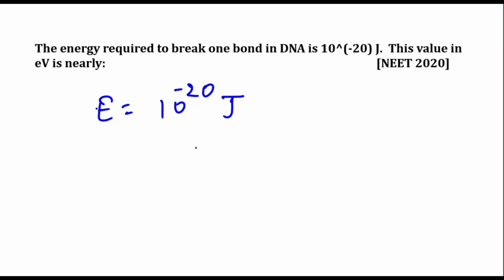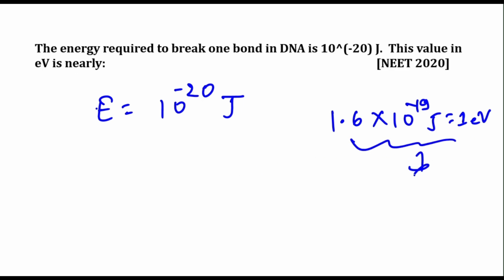Electron volt and joule are related by a factor: 1.6 times 10 to the power minus 19 joule is 1 electron volt. I'll explain this later because this is in your electrostatics, which is a matter of later discussion.